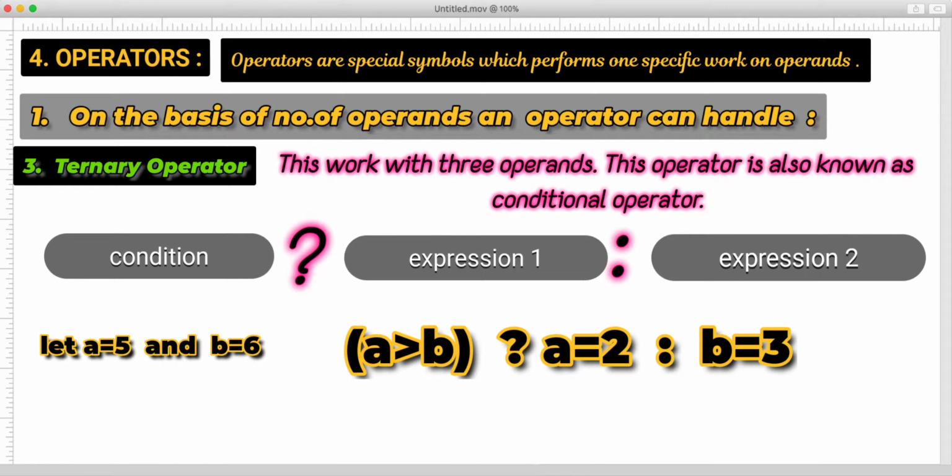So if this condition is true, then expression 1 will be executed, and if it is false, then expression 2 will be executed, that is b is equals to 3. So here a is equals to 5 and b is equals to 6. So 5 is greater than 6, so it is false. That's why here the second expression will be executed, that is b equals to 3. Here we finish with the ternary operator.